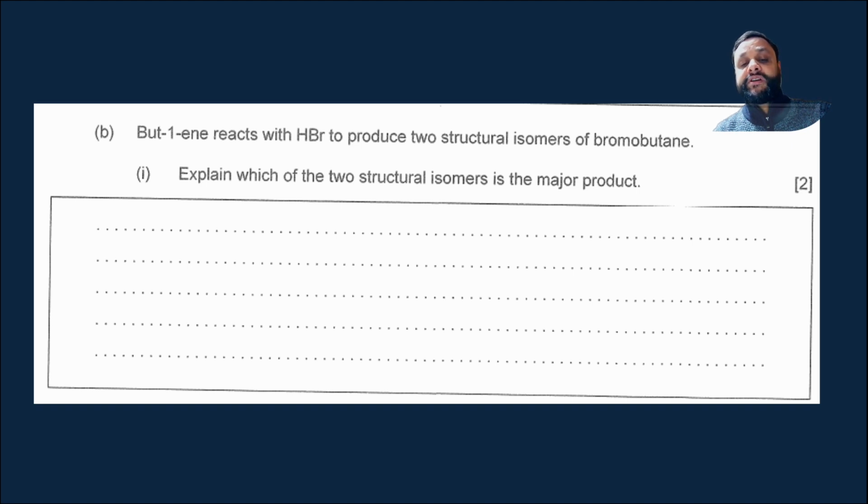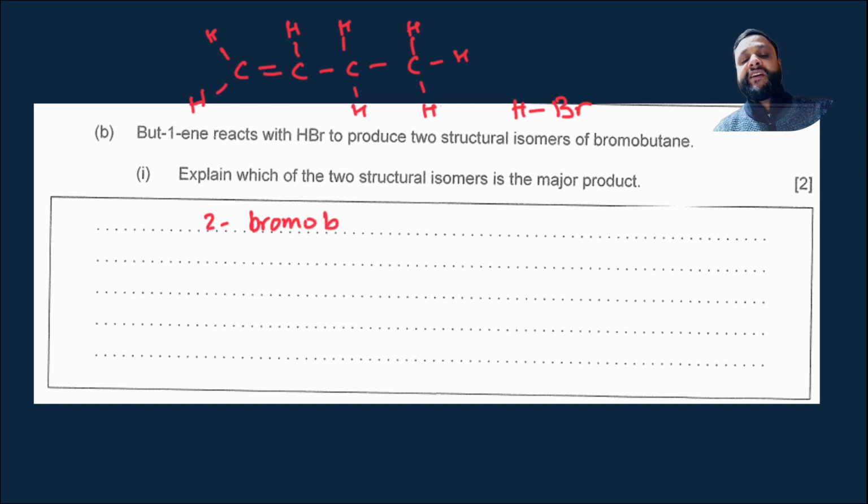So let me draw but-1-ene here. We have C double bond C, with H, H, H here, and then C, H, H, and C, H, and H. If we add HBr, one possibility is that H will go where there are more H according to Markovnikov's rule, and our product will be 2-bromobutane.